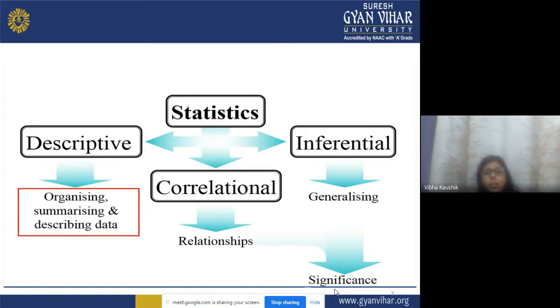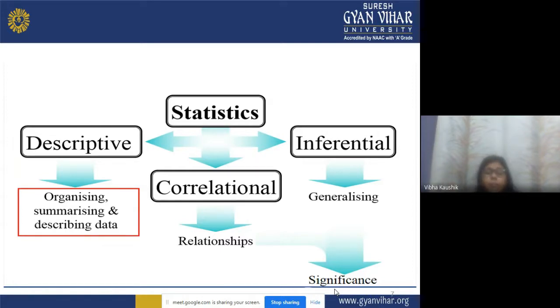Statistics are descriptive, correlational, and inferential. First is descriptive: organizing, summarizing, and describing data. The data should be organized in a proper order, summarized, and described.